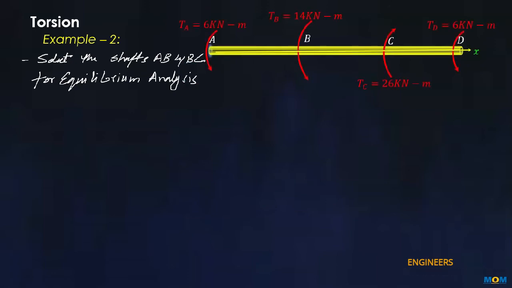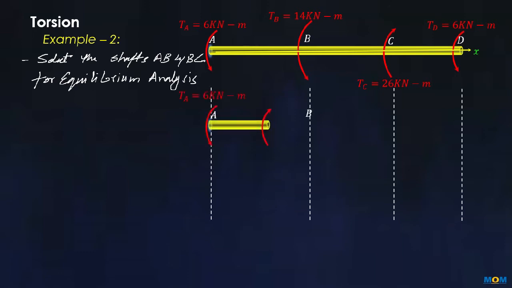First we perform equilibrium analysis for shaft AB, and we take summation of moment about x-axis is 0.